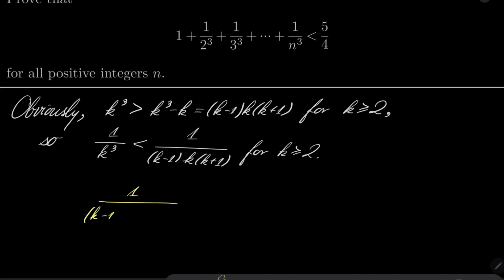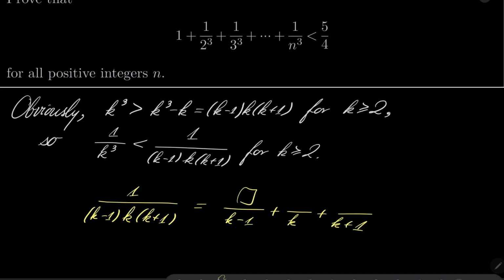So we take our fraction, we look at the roots of the denominator. We have 3 roots: 1, 0, and minus 1. And now we need to find real numbers which will satisfy this equation. And how can we do it?